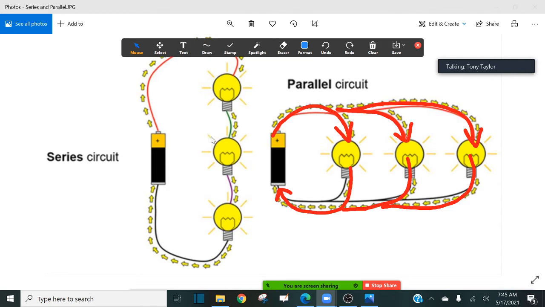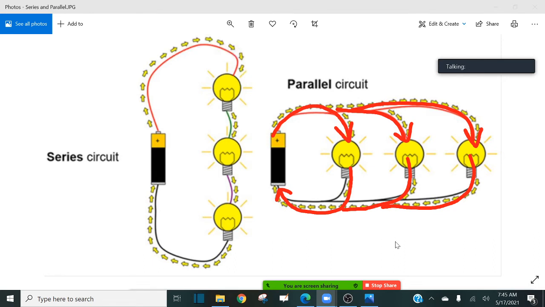So if you're running a series and a parallel circuit for about the same amount of time, it's going to cost you more money to run the parallel circuit because it's pulling more energy from the battery. But since the series circuit is pulling less energy from the battery, it'd be cheaper to run the series circuit compared to the parallel circuit. So as you guys can see, there are pros and cons to both.